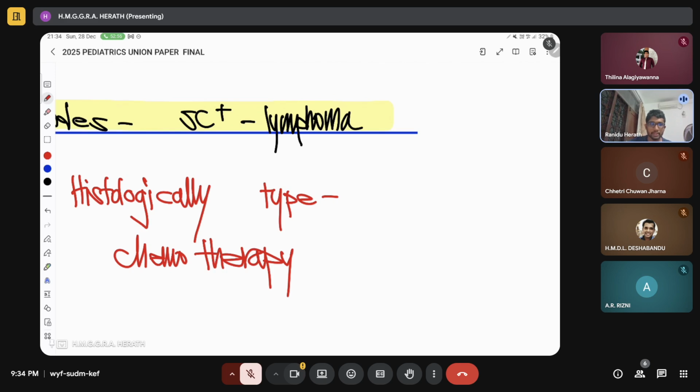Treatment is a combination of, yeah. So even for non-Hodgkin's, it is more aggressive chemotherapy.